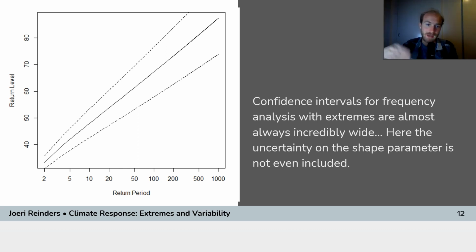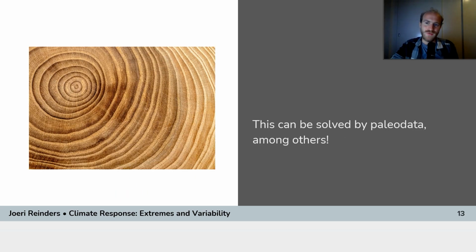Based on that, we can make similar lines. And here you see that we are much more certain about our lower return periods, because for those we have more data. We are very uncertain about the larger return periods, for example 1,000-year floods, because we have very little data for those. One way of reducing that uncertainty is by extending our data through paleo data, which a lot of climatologists use, or perhaps other statistical methods that you can find.